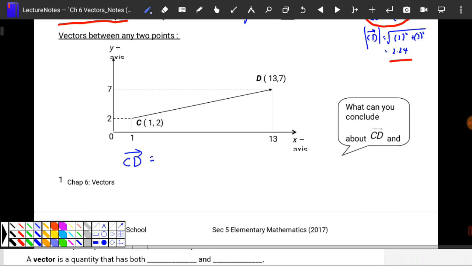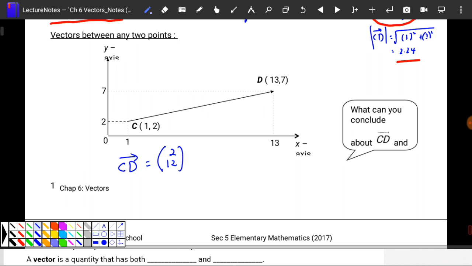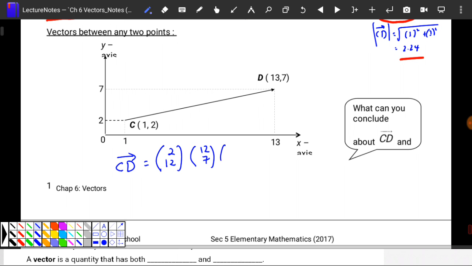So what you are trying to do is tell Zul how to move from C to D. So Zul is here.